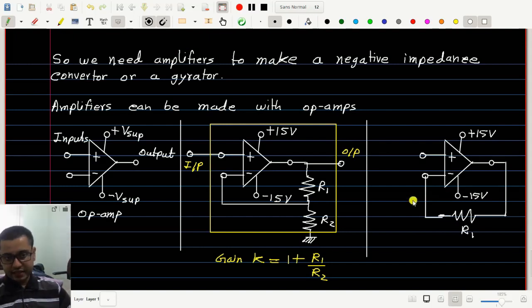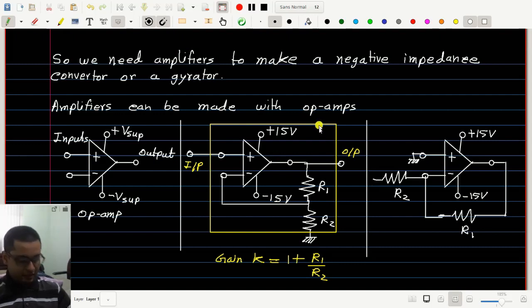Okay, and then we will take another resistance and connect it here. Call it R2, and this terminal, the other input, the positive plus input, we will connect to the ground.